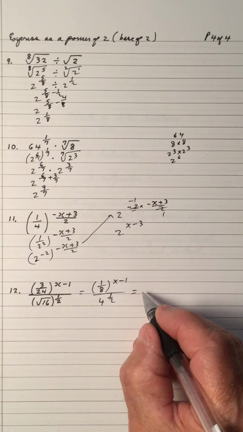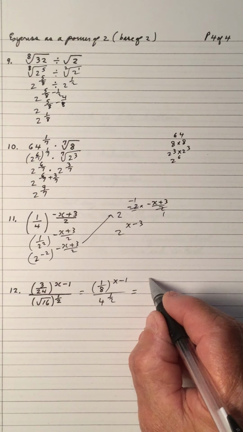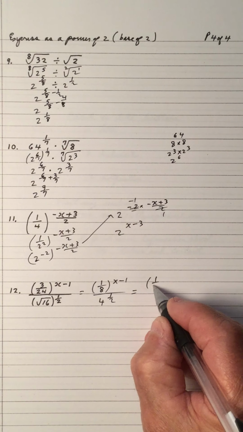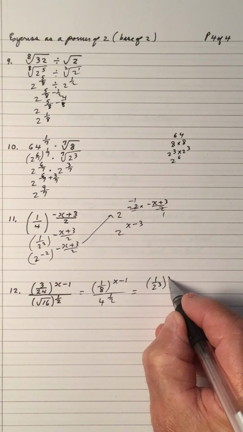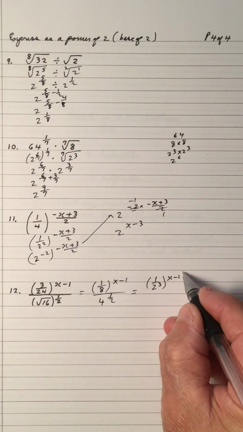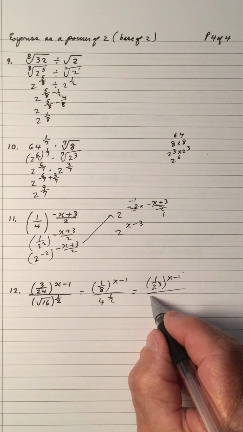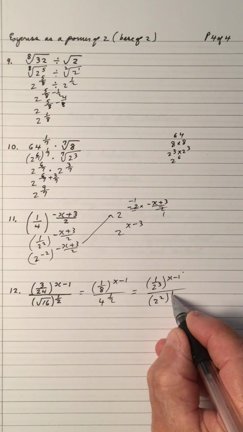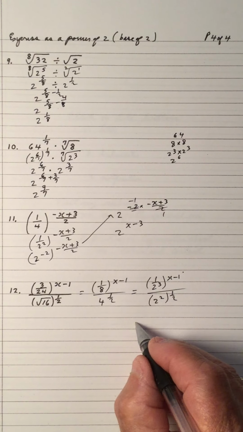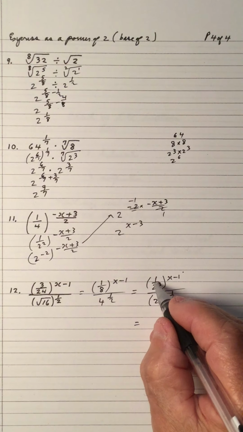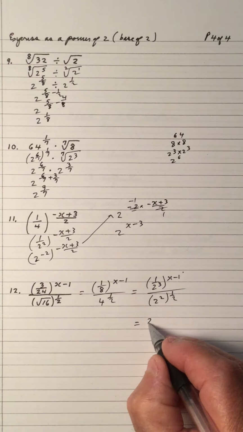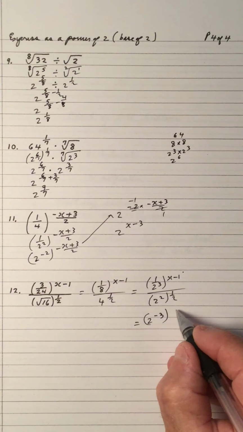Now we have to do the 1/8. So 1/8 is 1 over 2 cubed. 4 is 2 squared raised to the half. And we keep going. We got 1 over 2 cubed is 2 to the negative 3.